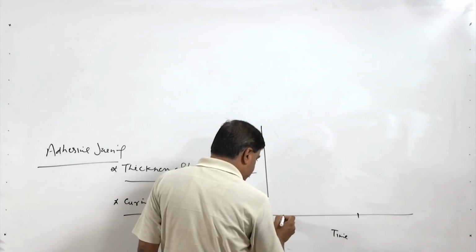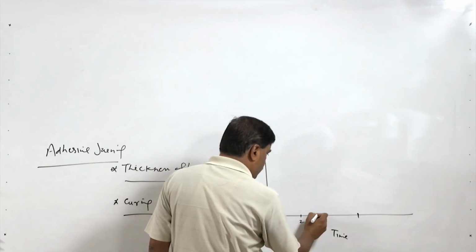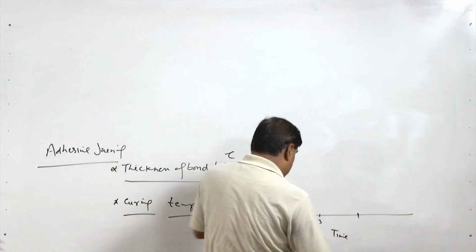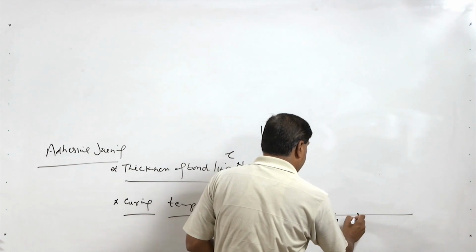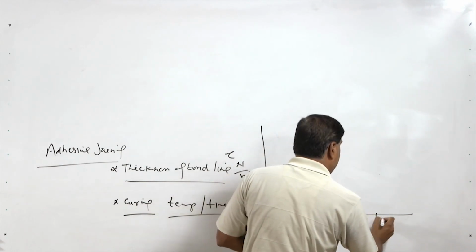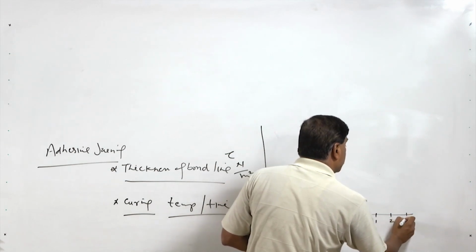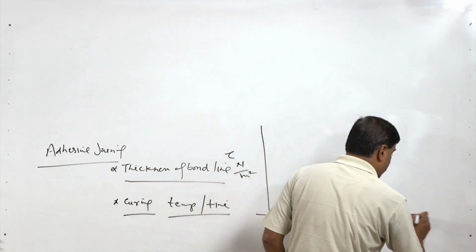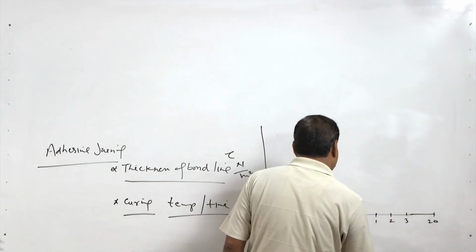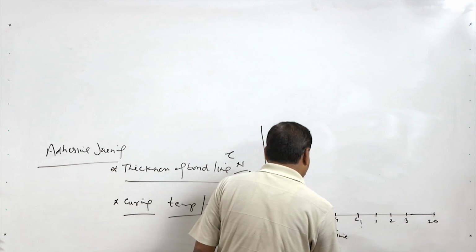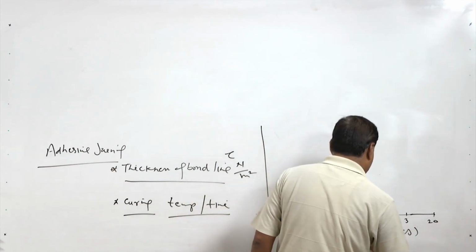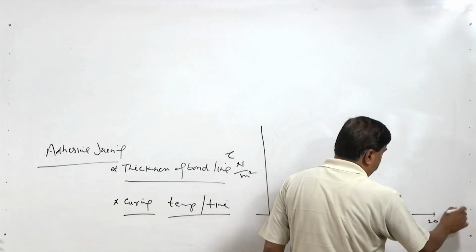So, here say it is 1, 2, 3 hours, 4, 6 and then say 1, 2, 3 and here say 20. So, up to 6 we have time in hours and thereafter time in days, like say 1 day, 2 days up to 20 days.